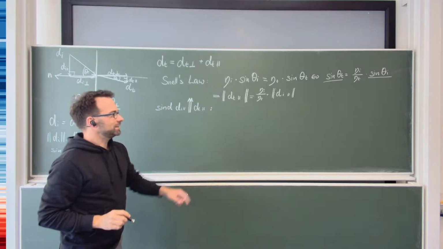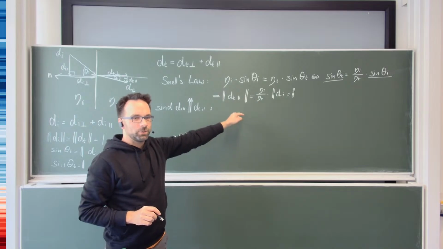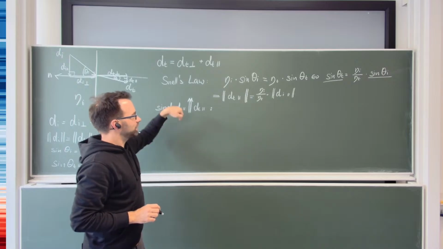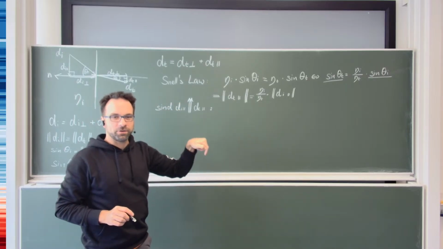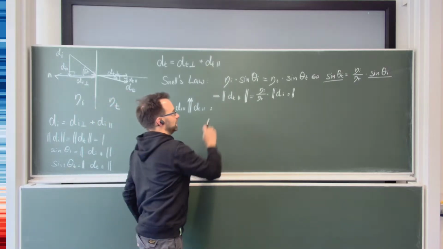And this means that I can multiply both sides with the direction of unit length pointing in the same direction as di parallel and dt parallel. Now, what does it mean?